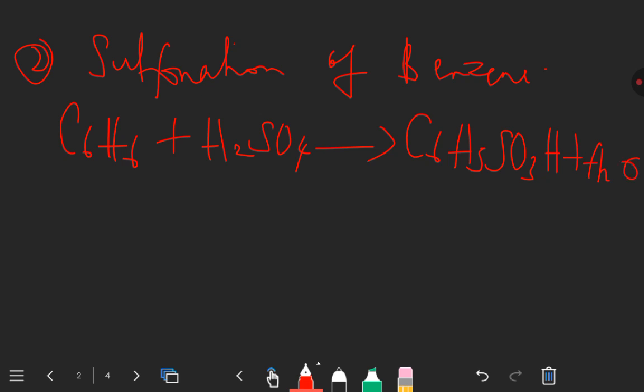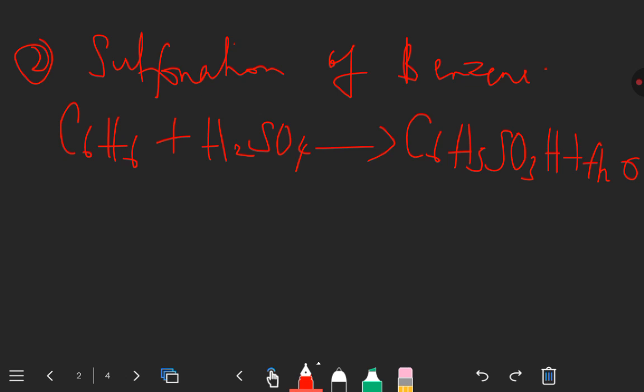Now how this reaction takes place is that first, sulfuric acid reacts with another sulfuric acid. In that case, one sulfuric acid will be protonated. Once it is protonated, the water is able to leave.